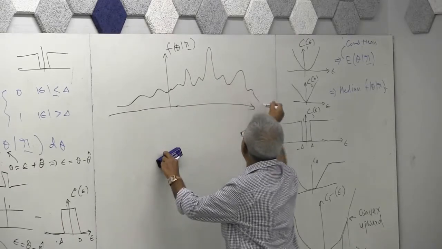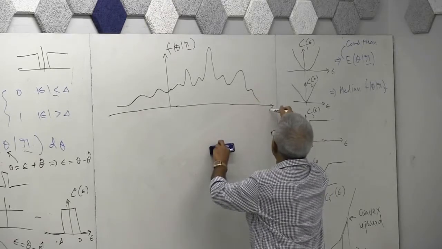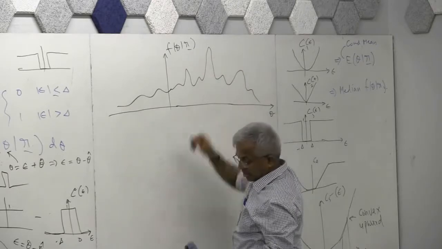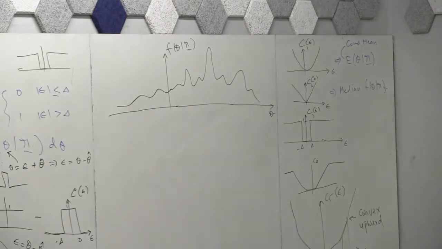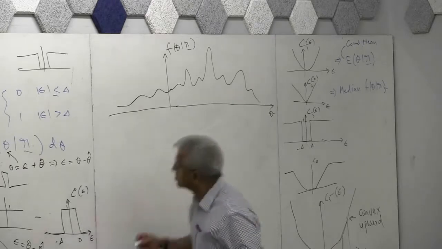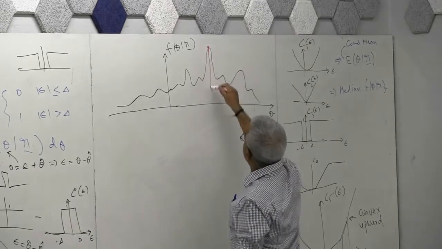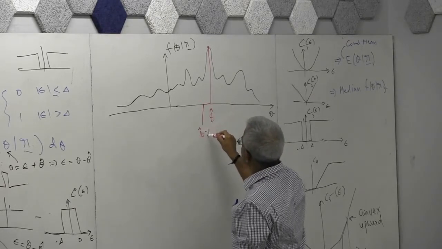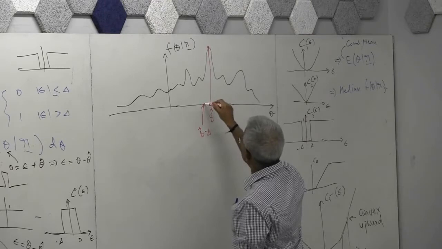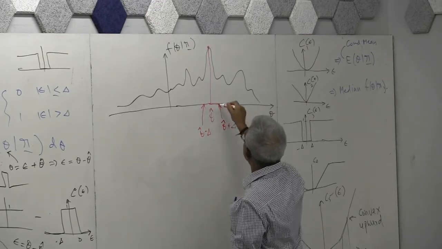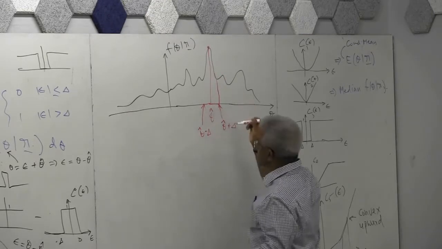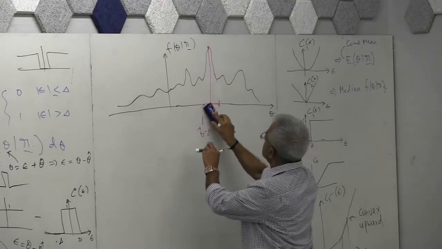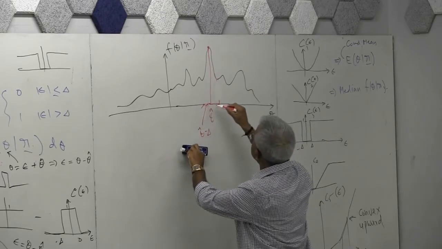It may have multiple maxima, but this is your density function of theta given R. Then the right estimator seems to be the peak value, that's your theta hat. This point is theta hat minus delta, this point is theta hat plus delta. If I take a window, delta is very small, like this, right?